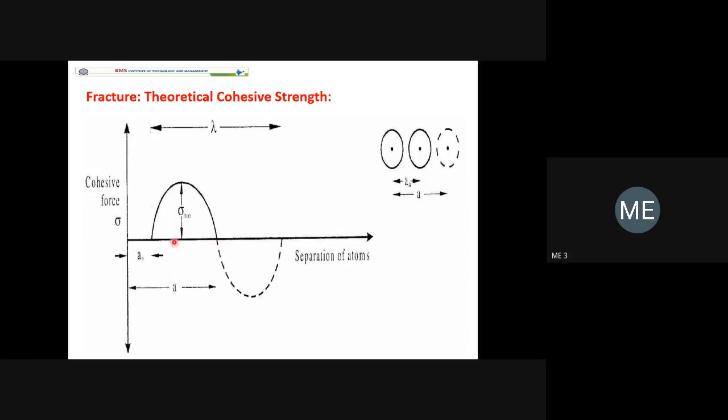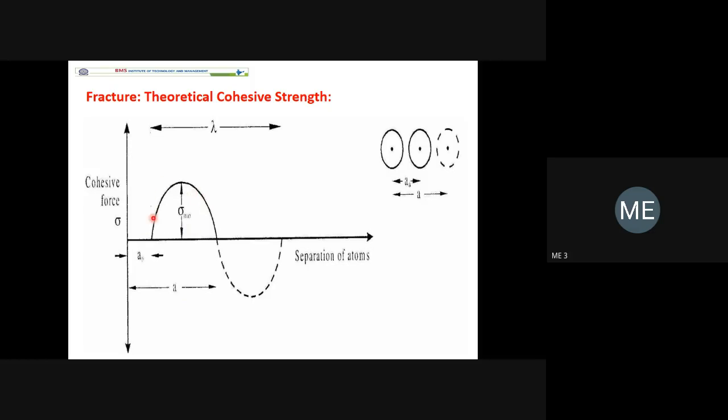That means you are moving from a naught to a naught plus lambda by 2. This is A. So the total distance A is equal to a naught plus lambda by 2. This distance is a naught, and this distance is lambda by 2. Now we can write A is equal to a naught plus lambda by 2.